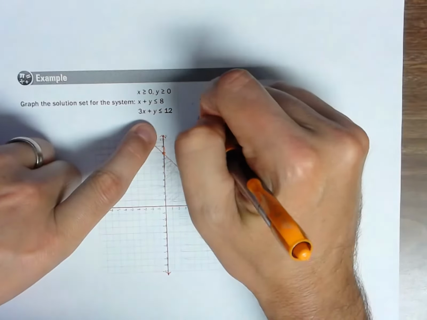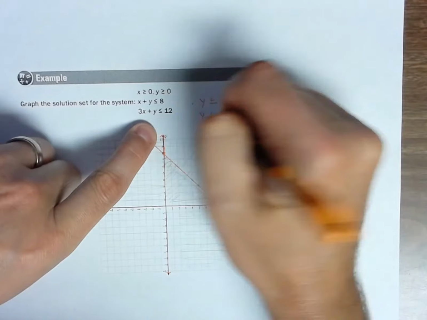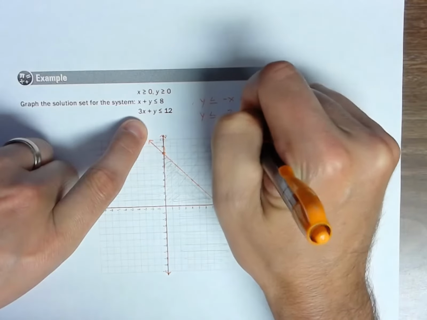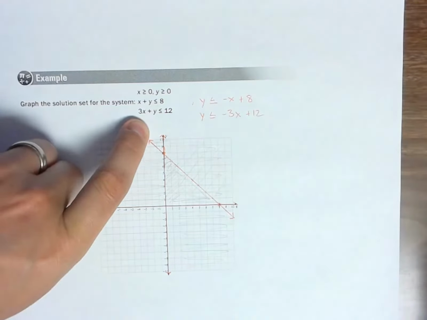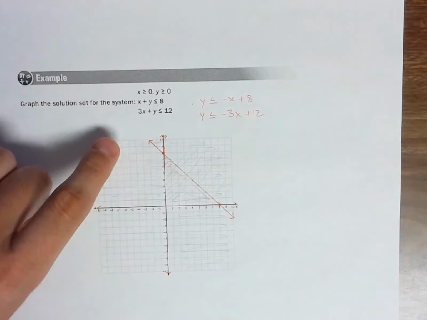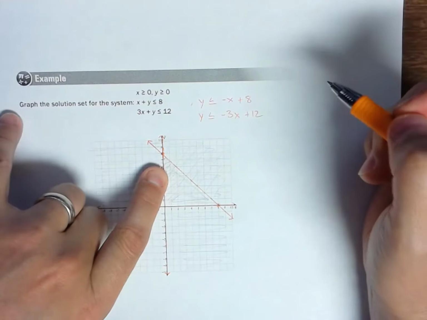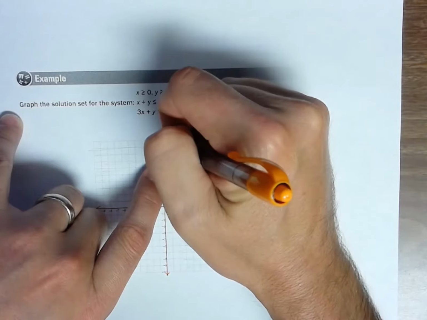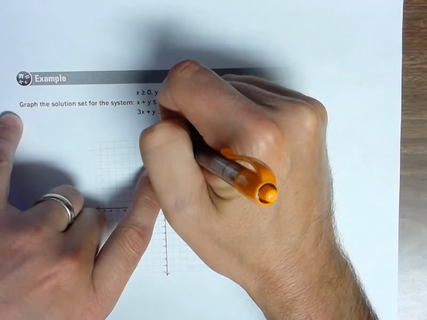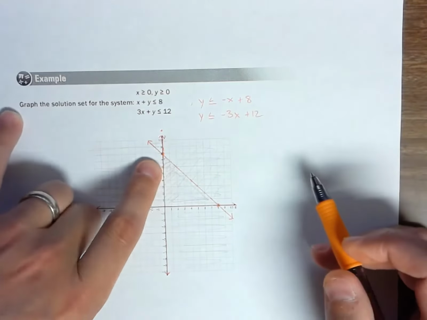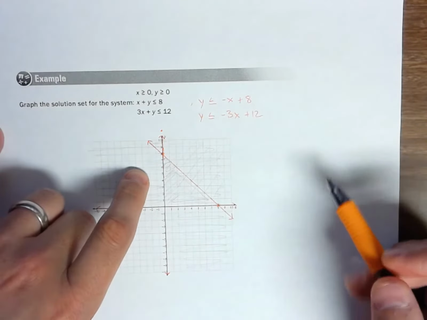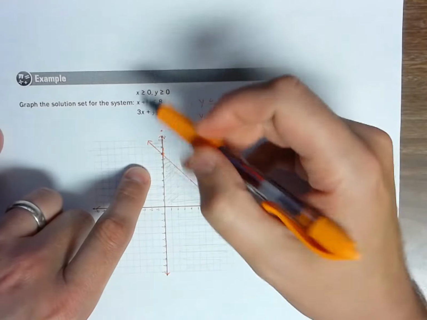So let's get it here. y is less than or equal to negative 3x plus 12. So 12 would actually be up here a little bit off my graph. That's okay. Slope of negative 3.